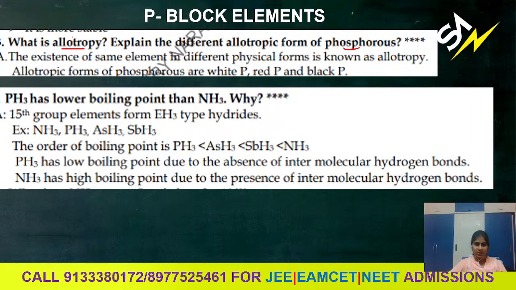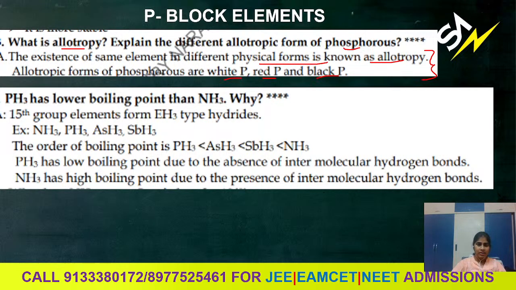First you need to define allotropy. Allotropy is the existence of the same element in different physical forms in nature. That property is known as allotropy. Phosphorus exhibits allotropic forms of white phosphorus, red phosphorus and black phosphorus.